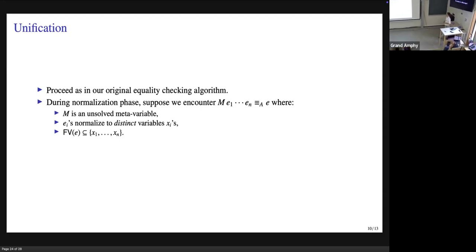Okay, so where does the opportunity to solve equations arise? First of all, does it arise in the extensionality phase? Let's remember, what does the extensionality phase of the algorithm do?